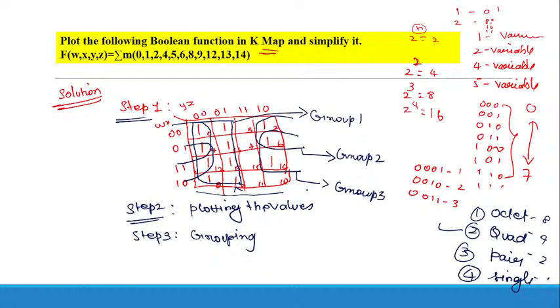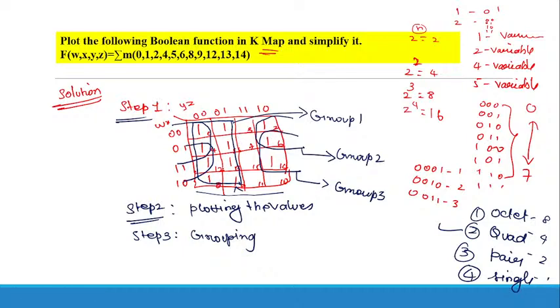You might be asking, shall I do that? Yes. Till then this group is valid. Is group 1 still needed? Yes, because only a few minterms are borrowed from it. 0, 4 and 12 are borrowed from group 1, whereas other minterms are left out.